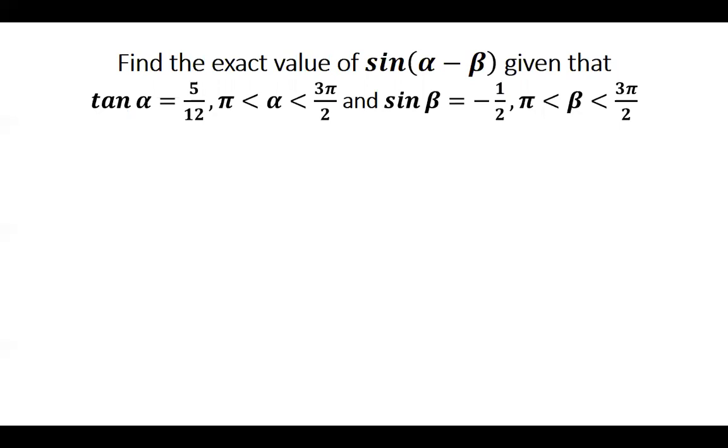If the sign is positive, there are only 2 quadrants where that function would be positive, or if the sign is negative, then that function could only be negative in 2 different quadrants. Looking at these, alpha is between pi and 3 pi over 2, and beta is between pi and 3 pi over 2. That means alpha and beta are both in the 3rd quadrant.